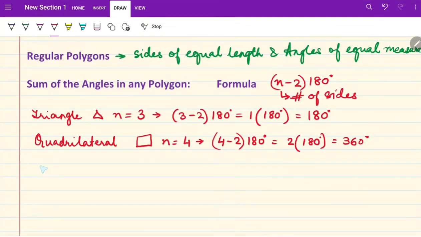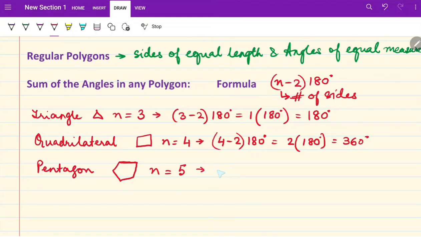Then let's look at the pentagon. A pentagon has 5 sides, correct? So I'm going to draw a pentagon with 5 sides here. 1, 2, 3, 4, and 5. This is a pentagon which is not a regular pentagon because we can see the sides are not of the same length, but we can still apply the formula to find the sum of the angles.